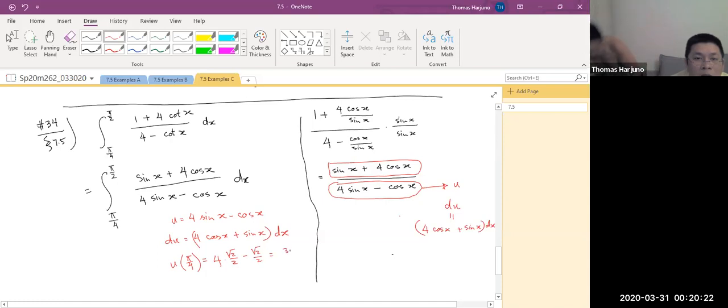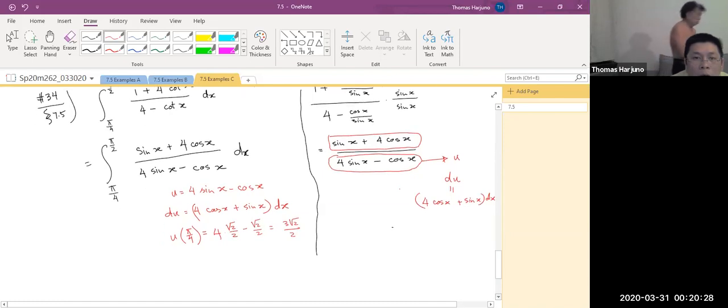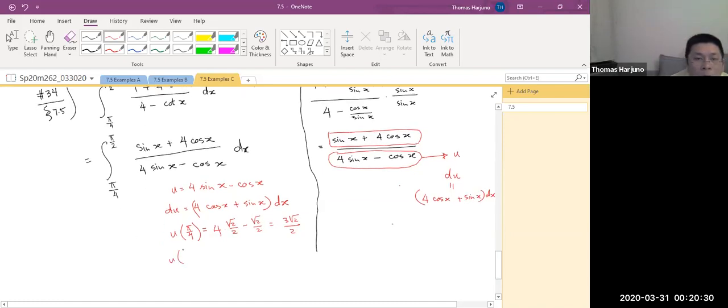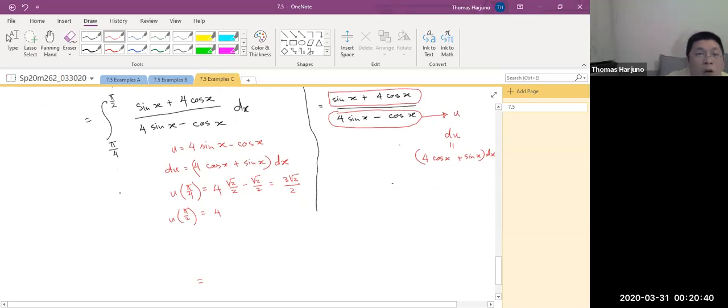That's 3 radical 2 over 2. While for u of pi over 2, that will be 4 minus 0. So now my integral becomes the integral from 3 radical 2 over 2 up to 4 of du over u.